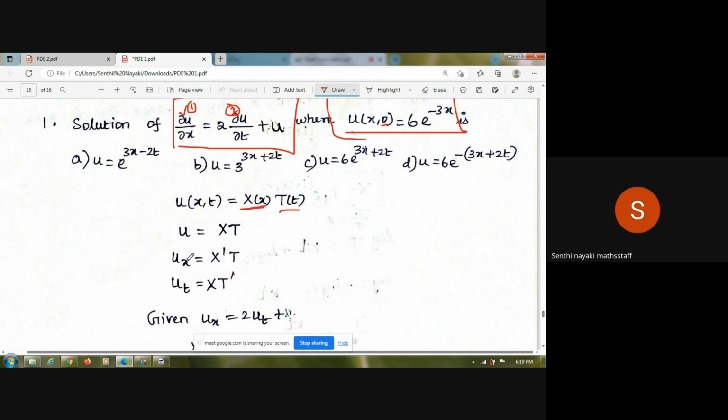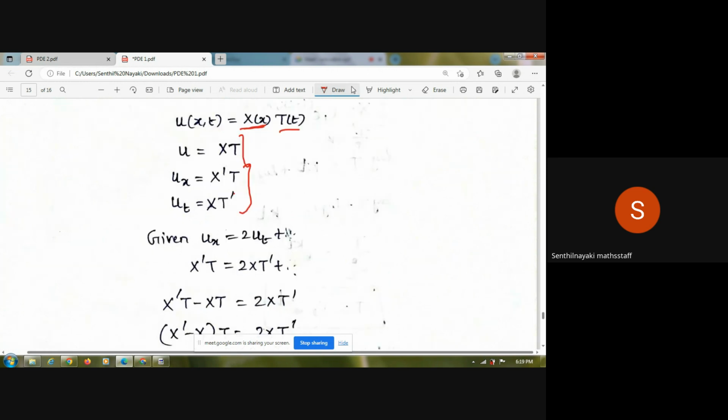Now we can substitute these ux and ut in the given equation. Then we get ux, that is x dash t, equal to 2 times ut. Ut means x into t dash, this is not a multiplication, this is x. Plus, instead of u we can substitute xt.